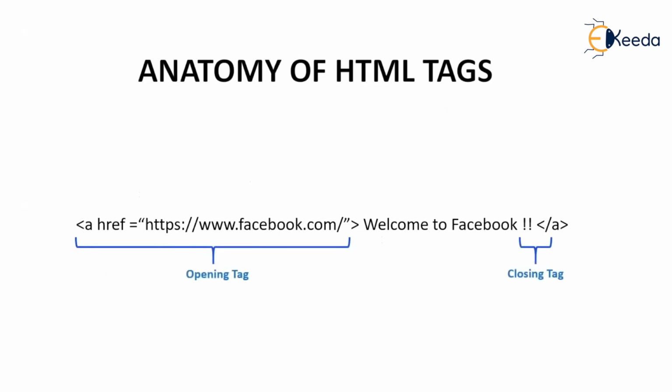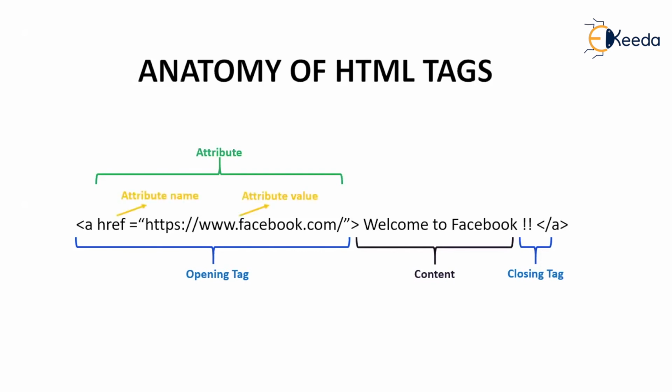Now let's see what are opening tag and closing tag. And also let's see what is the content. What is the attribute here? And what is the attribute name and what is the attribute value? And at the last comes the element. I hope you got this. Thank you.